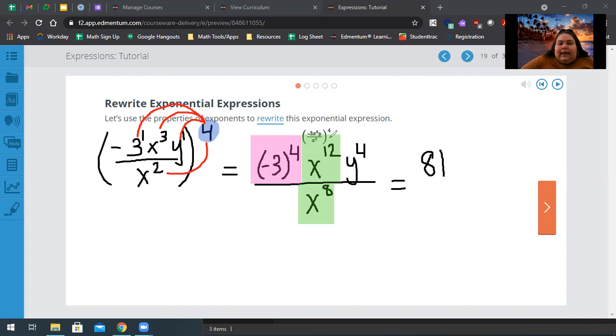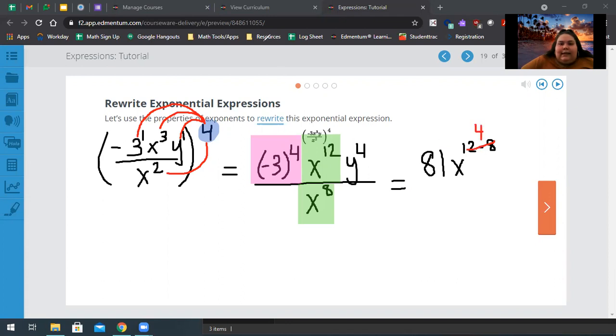Remember, I take the exponents like a little balloon attached to the x of the base. This is x, and remember, it's top minus the bottom. So here you'll have 12 minus 8, and then we'll simplify that to be 4.